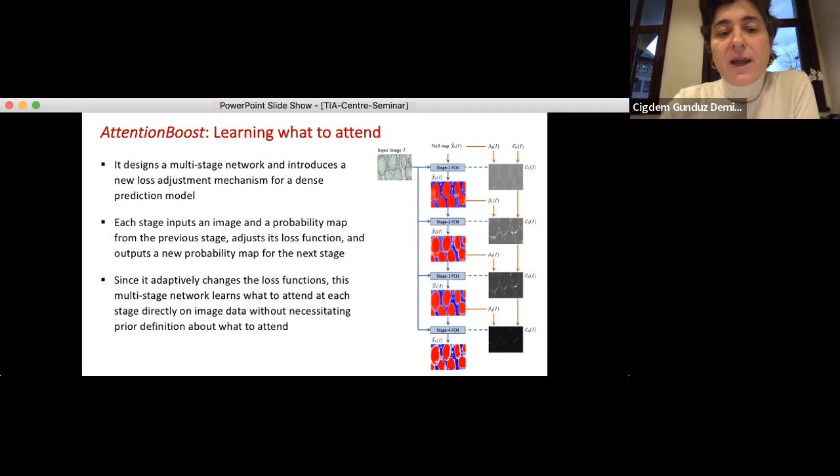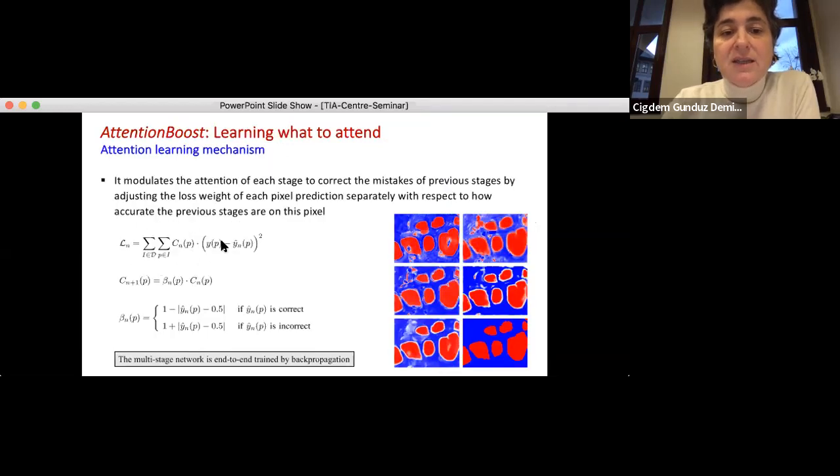Since this network adaptively changes the loss functions from one stage to another, it learns what to attend at each step directly on image data without necessitating a prior definition of what to attend. So here are some calculations. This is the weighted loss function.